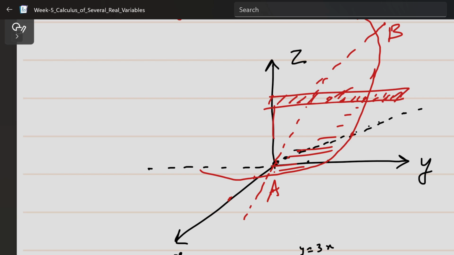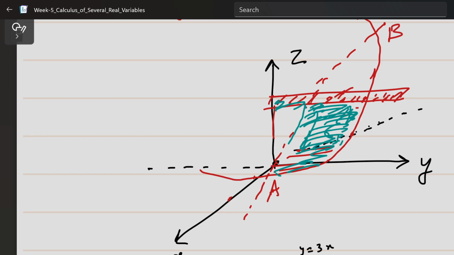Whatever, the y equal to 3x line, so this region, because it is y equal to 3x as I drew, so it is bounded by this region. So you have to find the volume of this region.